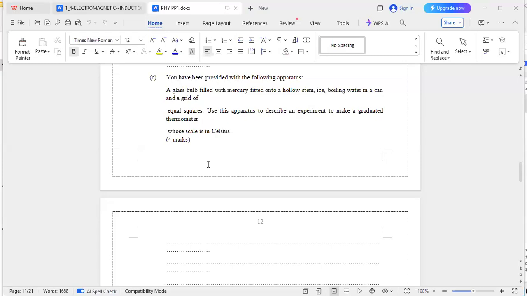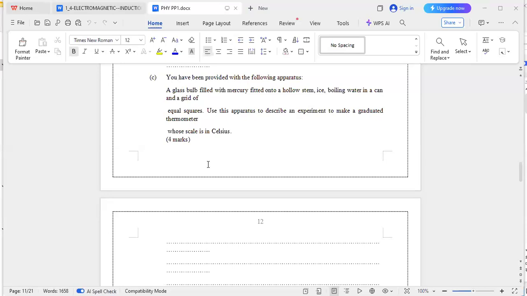The next stage, now we have the lower fixed point X using melting ice and upper fixed point Y using steam. The next stage is now we subdivide.